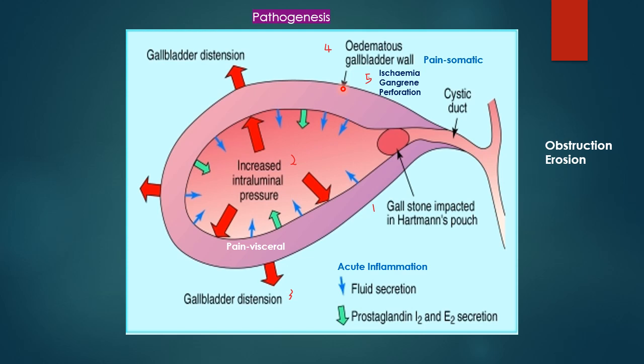This causes ischemia of the gallbladder wall, and it can progress from ischemia to gangrene and perforation. Once the wall becomes edematous and gangrenous, the pain is more localized to the right hypochondrium, and the pain is more somatic. The nausea and vomiting become less, and the pain becomes more prominent, with more tenderness and guarding.